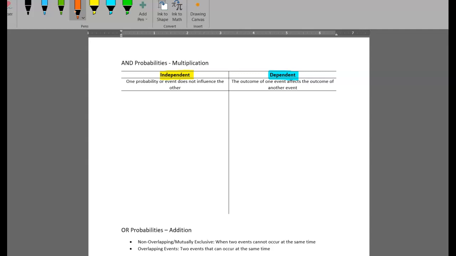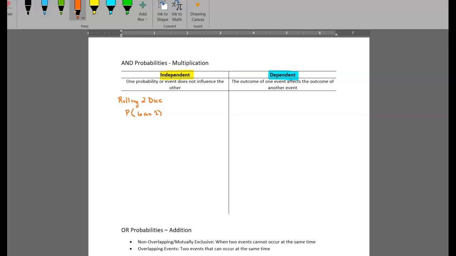So these are our definitions. Let's look at a couple of examples. Let's say that we're rolling 2 dice. What's the probability of rolling a 6 and a 1?